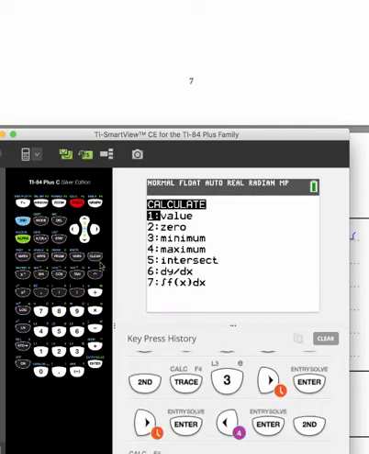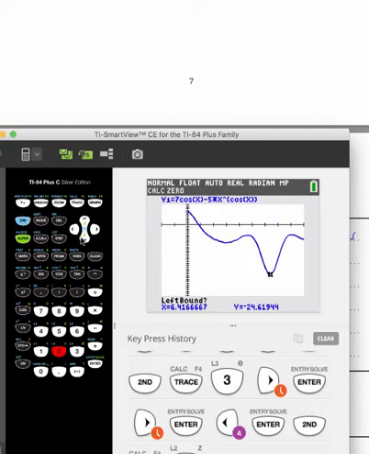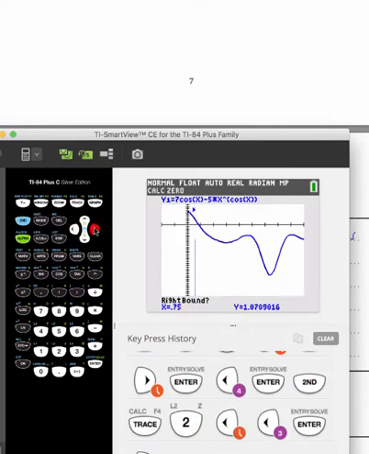Second calc, find the zero. Need to go to the left of the zero. So let's move my cursor all the way to the left of the horizontal axis intercept. Move, move, move. And then to the right, move, move, move.